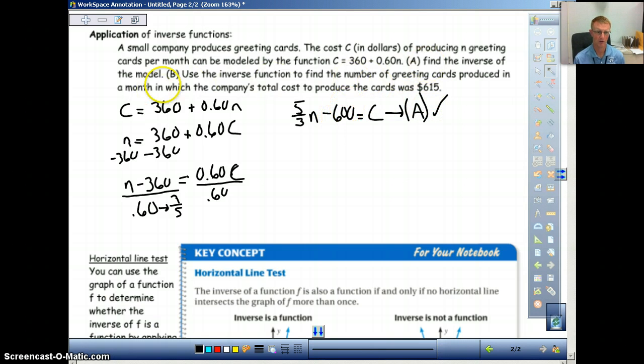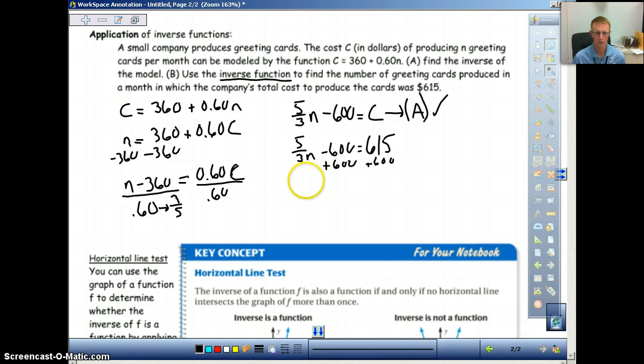Now the second part says use the inverse function. So it wants us to use our new function to find the number of greeting cards produced in a month in which the company's total cost was $615. So we would just put $615 in for C. So it'd be 615, and then that's going to be equal to 5/3 n minus 600. And we just go through and solve this problem like we normally would. Add 600, add 600.